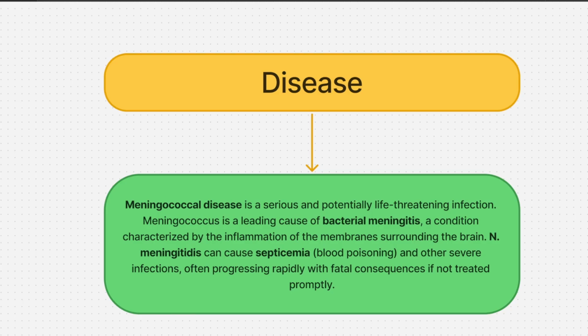Neisseria meningitidis can also cause septicemia, which is blood poisoning, and other severe infections, maybe more prominently in immunocompromised patients, and it can progress to fatal consequences if not treated quickly.